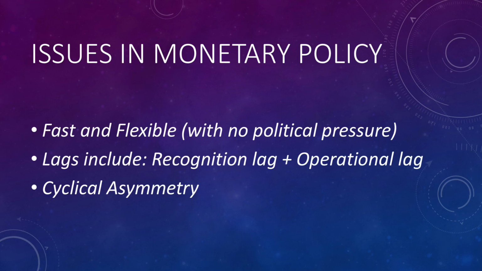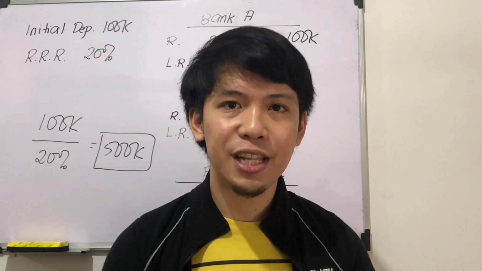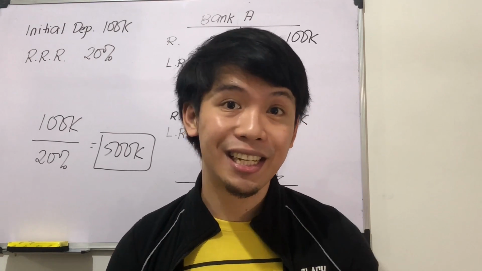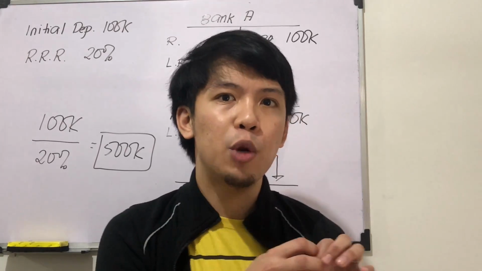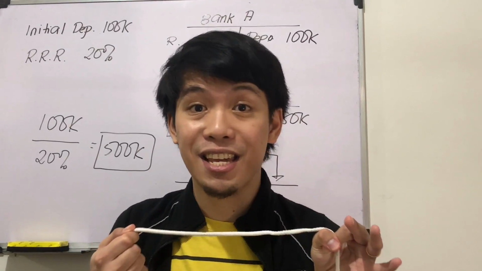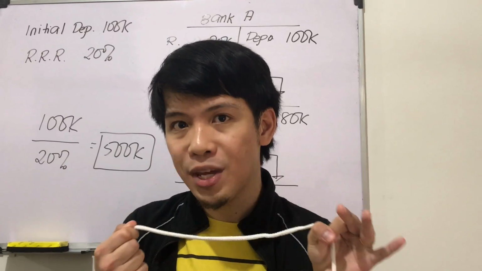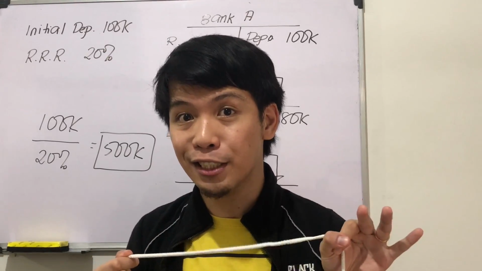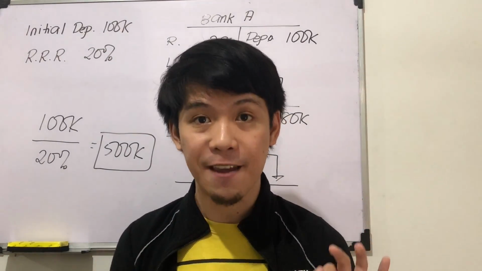There is, however, cyclical asymmetry. Usually, contractionary monetary policy would work. Contractionary monetary policy is basically like pulling a string. When we want to depress spending in the economy, what we can do is to increase interest rates with lower money supply.